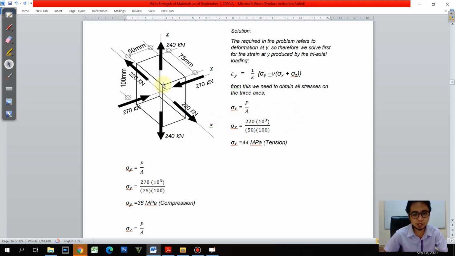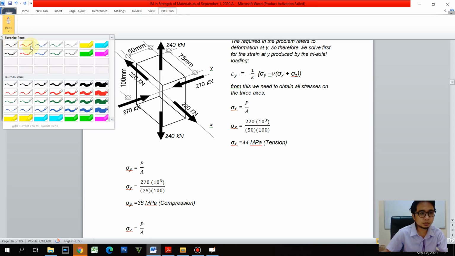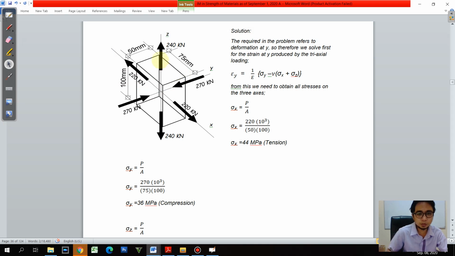So, let us investigate the dimension, or the area along x-axis. So, if this is x-axis, of course, the perpendicular area on that. So, ito yon. So, kung titignan natin yan, that is 50 by 100. So, that is 50 by 100. Okay? So, we come up with the corresponding sigma along x.